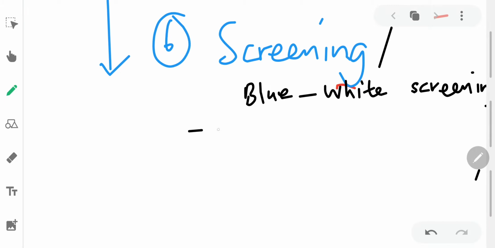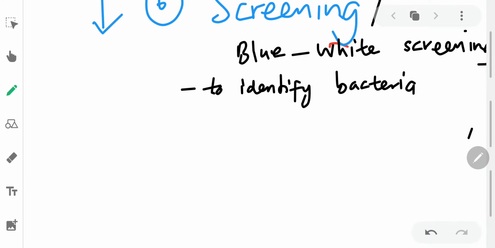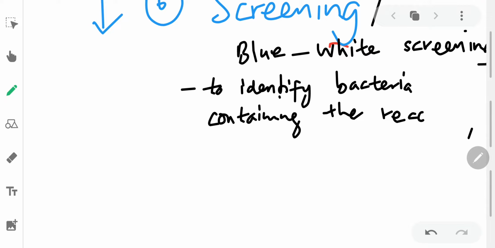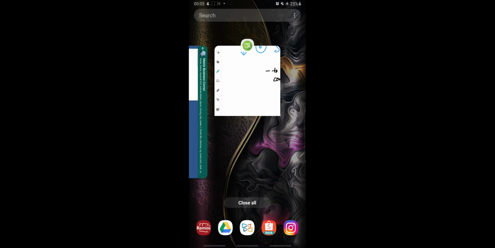A process to identify bacteria containing the recombinant DNA.